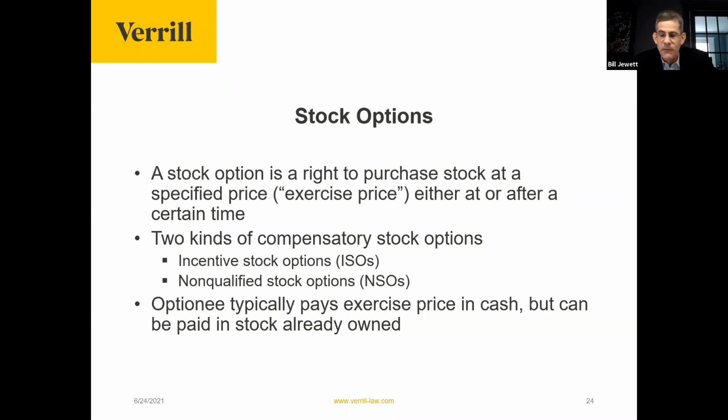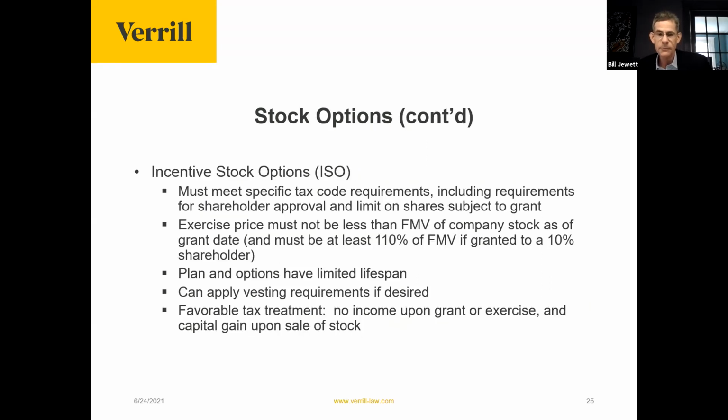And the fair market value of those shares is applied toward the exercise price and toward the taxes that are owed. Just to note, cashless exercise and net exercise are often not used because there are negative accounting consequences to having those features.